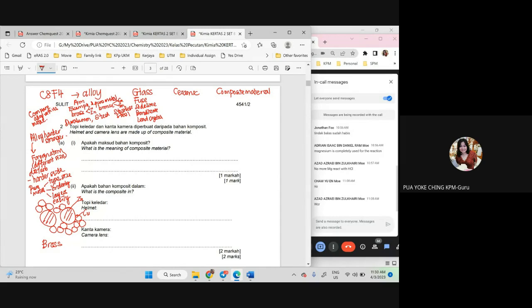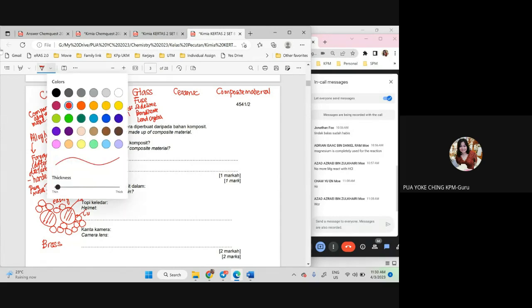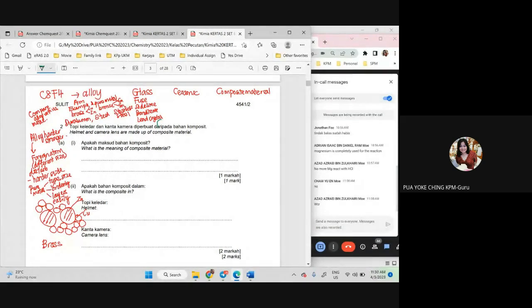Untuk glass, saya nak terangkan sekali lagi. When it asks you to give properties, jangan bagi high melting point. Ini mesti salah. Okay, it's not high melting point, but it is high heat resistant.